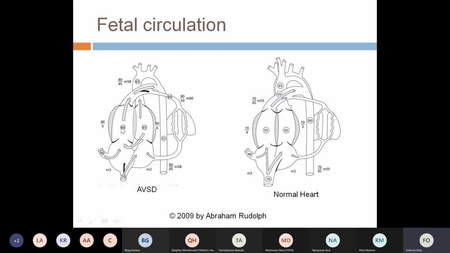It's a bit higher in case of AVSD. And what does it cause? So it causes overcirculation to the lungs, although they don't work at full capacity during fetal life. It's only about 10% of blood volume circulating through the lungs in the fetal period.